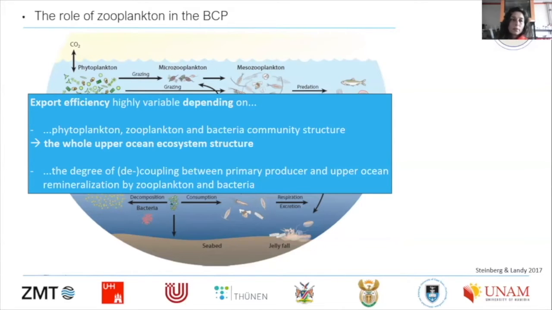And it also depends on the degree of the coupling between primary producers and upper ocean remineralization by the zooplankton and the bacteria, as this is very important also in these highly variable coastal upwelling areas such as the Benguela.